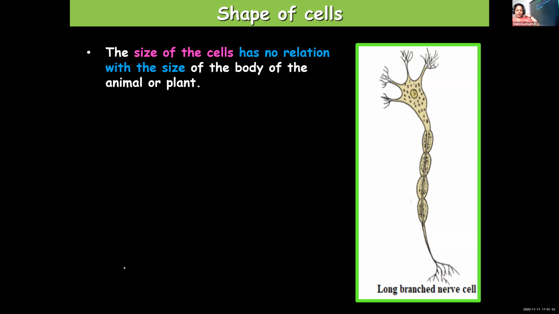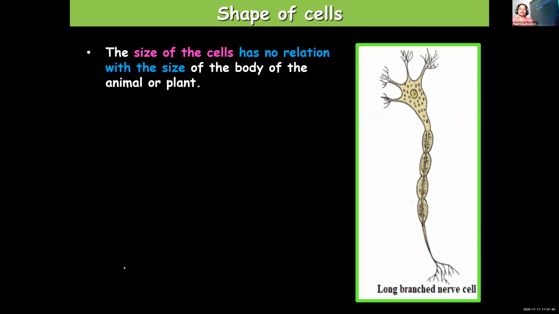I'll repeat once again. The size of the cell is not related to the size of the body of the animal or plant. I'll give you an example. Take the case of a rat and an elephant. An elephant is a very big animal compared to a rat.